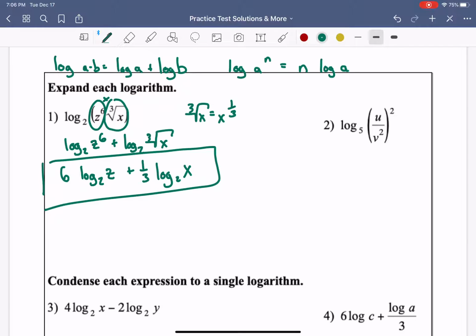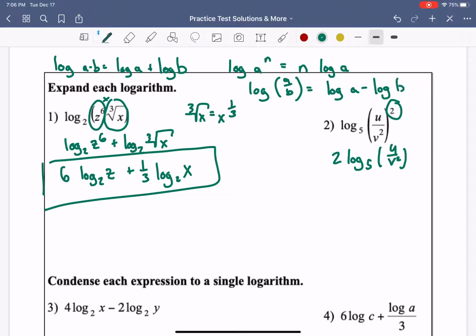Over here, we have division, but first we have to deal with this exponent. So that comes out log base 2 times log base 5 of u over v squared. The last log rule we have is if we have a over b, it turns into log of a minus log of b.